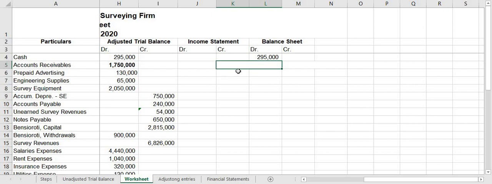Next is accounts receivable. Accounts receivable is an asset which should be transferred to the balance sheet column. We copy accounts receivable.